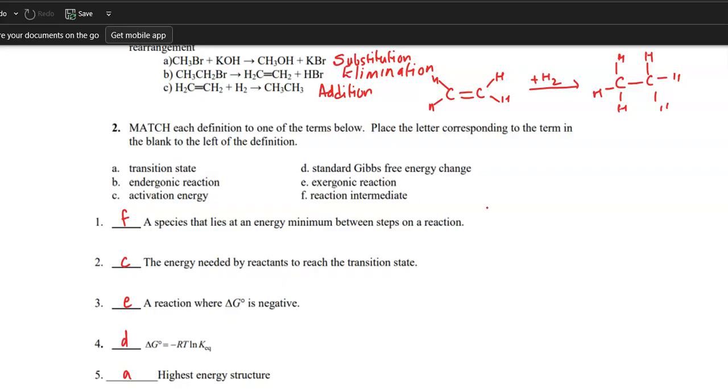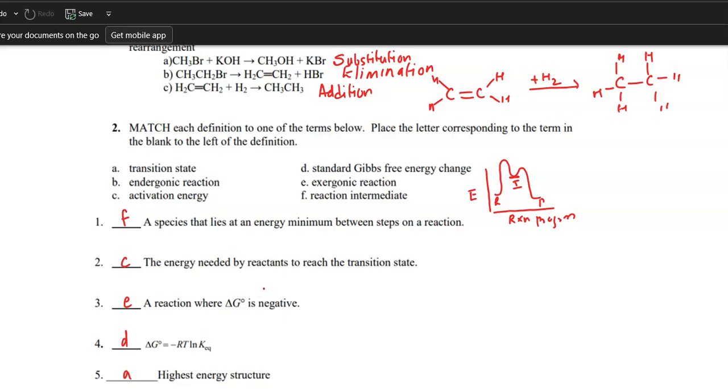So for example, if you are plotting the energy versus reaction progress and you draw the graph for it, that lies in the energy minimum between steps. So if this is a two-step reaction, this is the energy minimum, right? So that is the reaction intermediate, because this is my reactant, this is my product, and here is my intermediate.